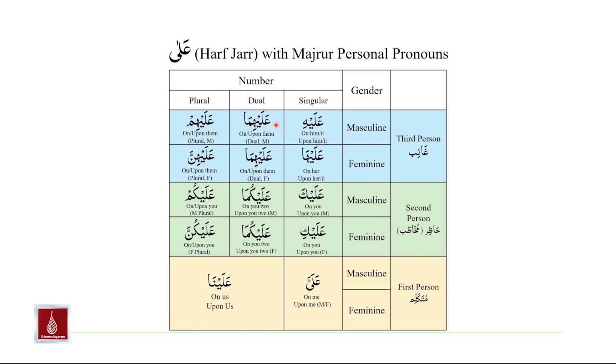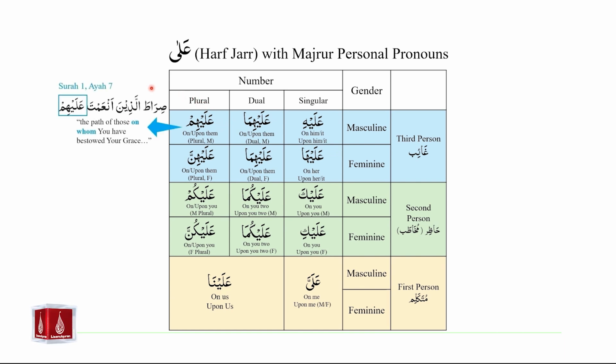Alayhima, alayhim, on them or upon them. For example, in Surah Al-Fatiha, we see siratal-lazina an'amta alayhim, the path of those on whom you have bestowed your grace. Alayhim is used for on whom.